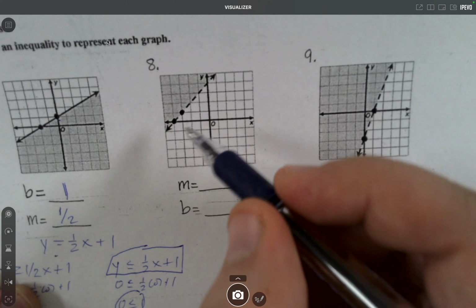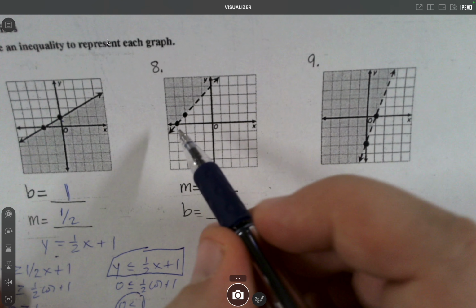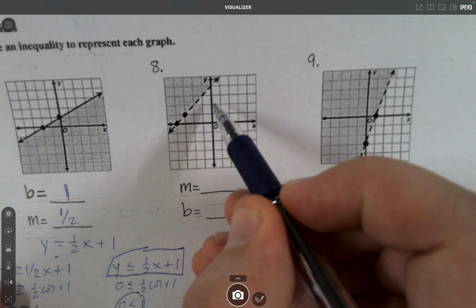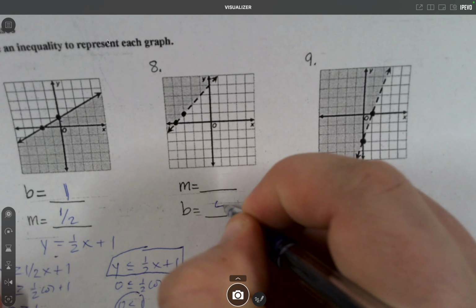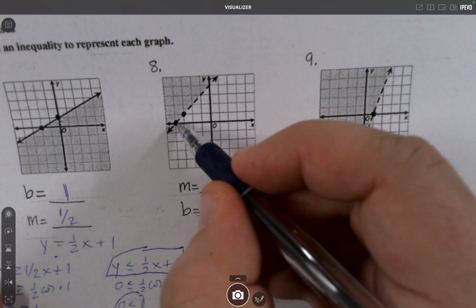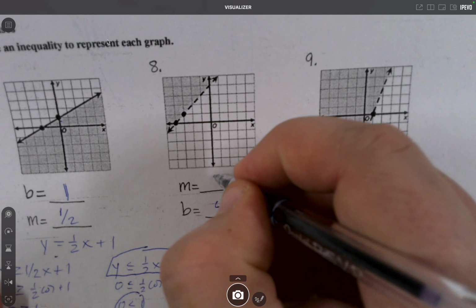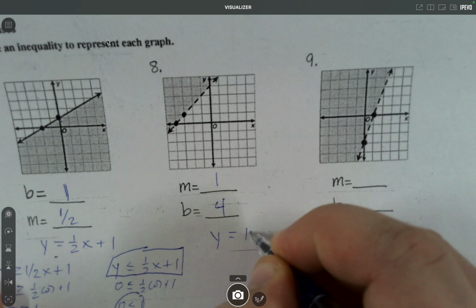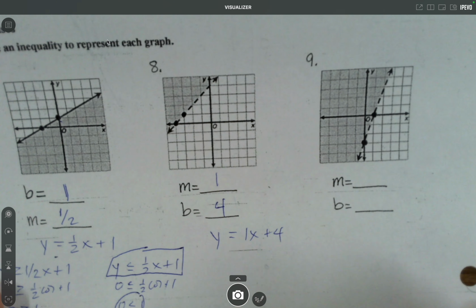Okay, I'm going to very quickly go through number 8, and then we'll close. So this one, we see the y-intercept's actually way up here at 1, 2, 3, 4. So the y-intercept is 4. Our slope is 1, because you can see these 2 points marked. It goes up 1 over 1. So we get y equals 1x, or you can just say x, plus 4.